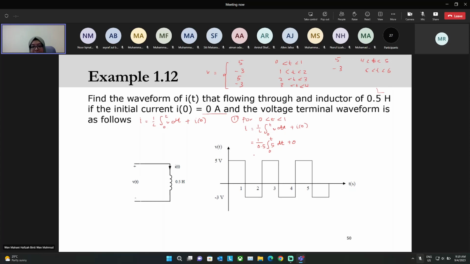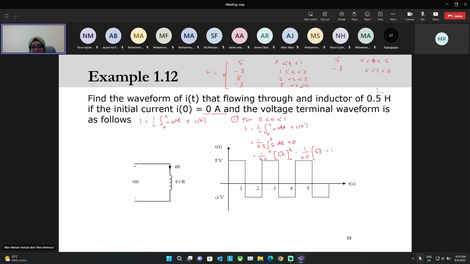Okay, integrate 1 over 0.5. Integrate ni 5. Integrate 5 dapat apa? 5t kan? 0 to t. Belakang dah hilang lah. Ini equations dia. So masukkan 1 over 0.5. 5t. Ni ganti dengan t.